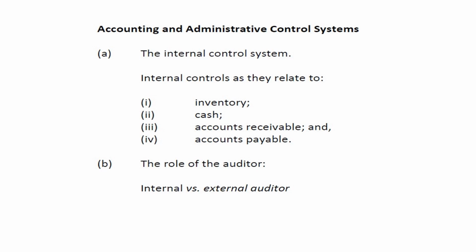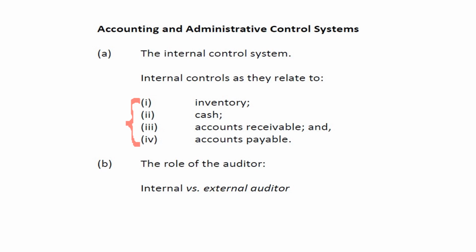We should be able to tell what it is, and we need to know the character of these 4 items here, the internal controls that are used for them: inventory, cash, accounts receivables, accounts payable.